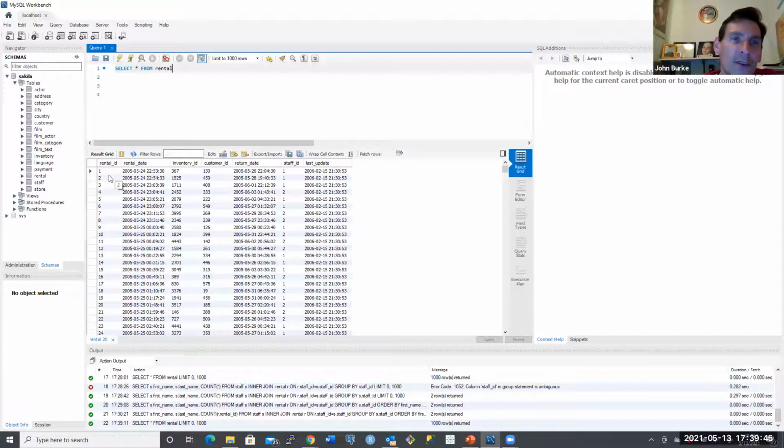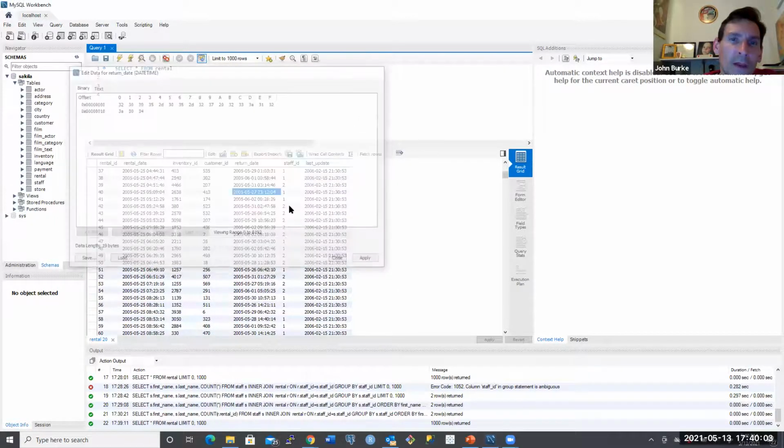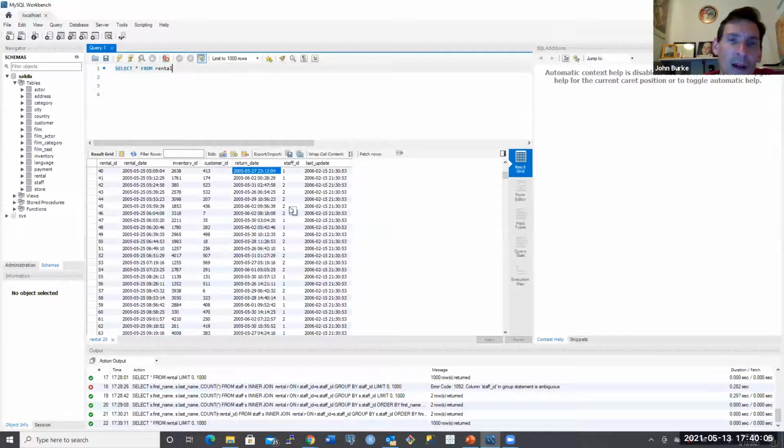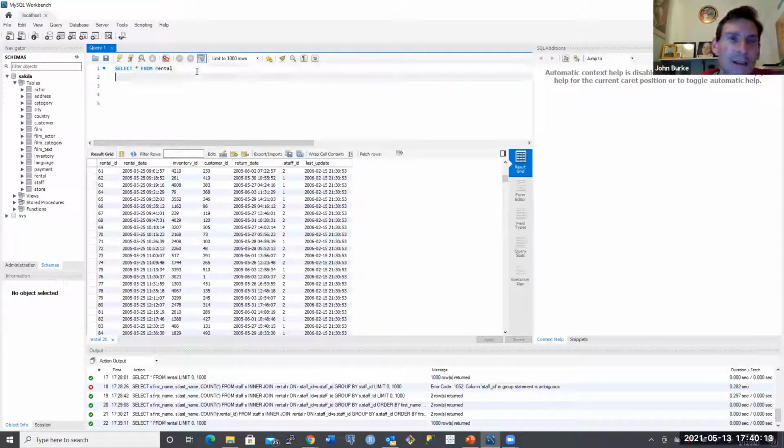Rental ID appears to be a record of a single rental that took place, and you can see a staff ID listed. It looks like all of these were rented by 2 people, so let's have a look at the staff table.